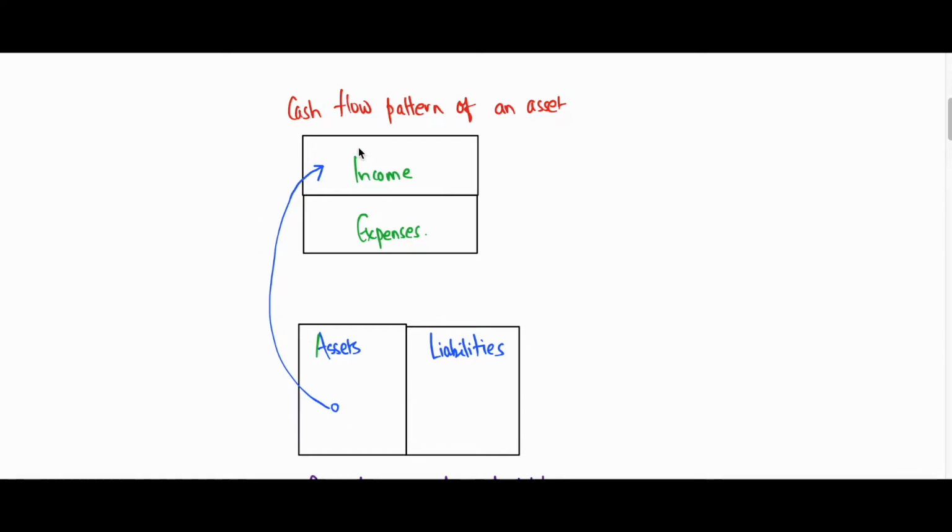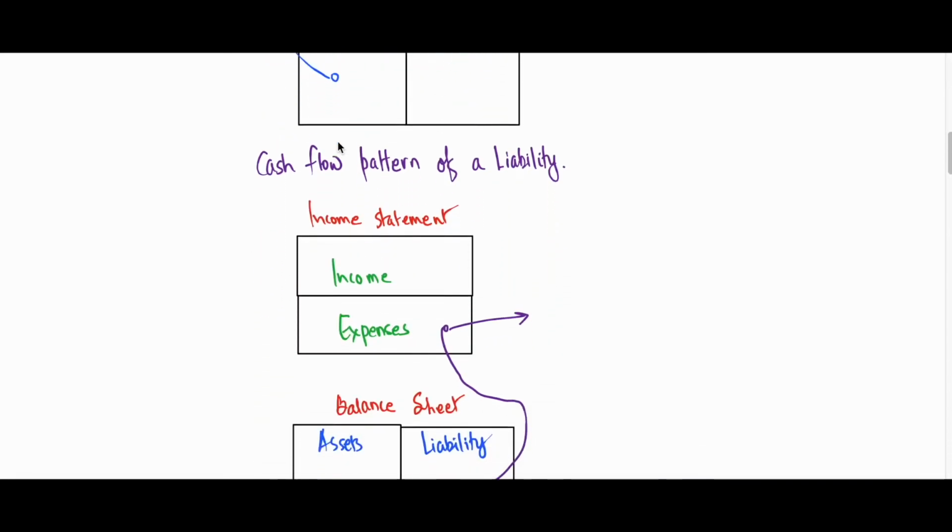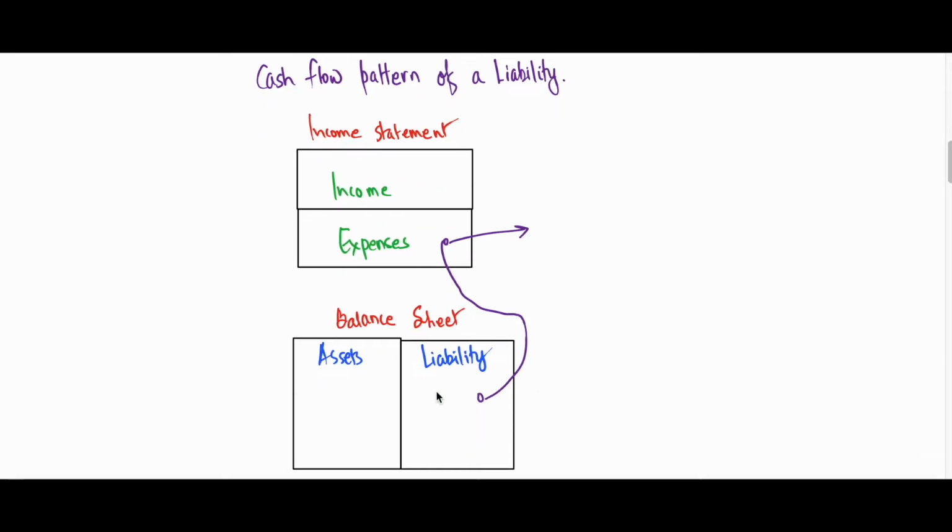Whereas the cash flow pattern of a liability is that a liability is something that keeps your money out of your pocket. So whenever your liabilities increase, you have increased expenses. Increasing your liability will increase your expenses.